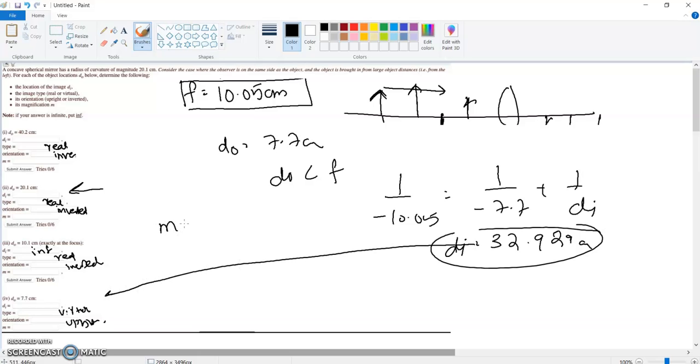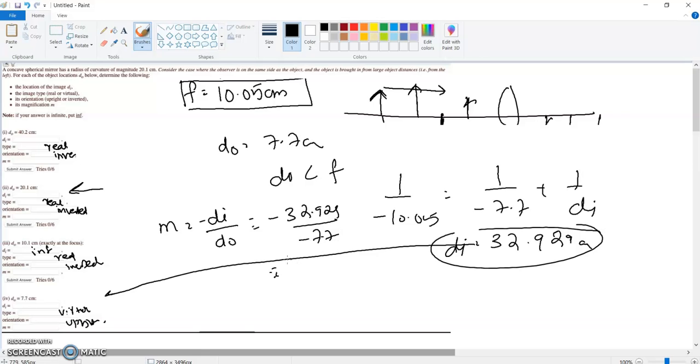For your magnification factor, that's again going to be the distance of image over the distance of object. So your distance of image is basically minus 32.929 and your object distance is minus 7.7.